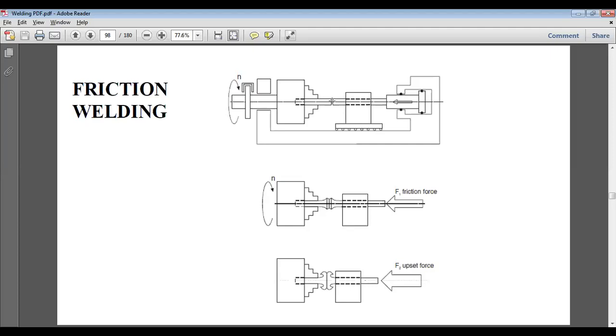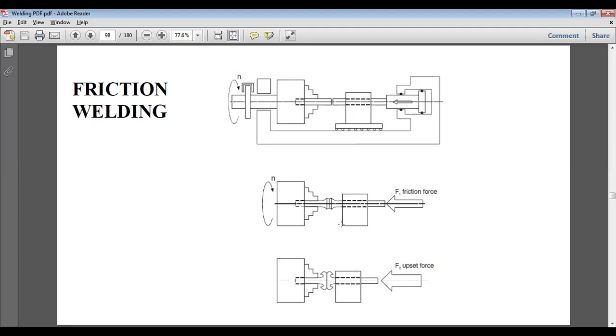So the two are rotating at the same speed with no relative motion, so there is no friction between them, and simultaneously they are compressed together. One is fixed in the chuck, and the other is compressed from right to left.